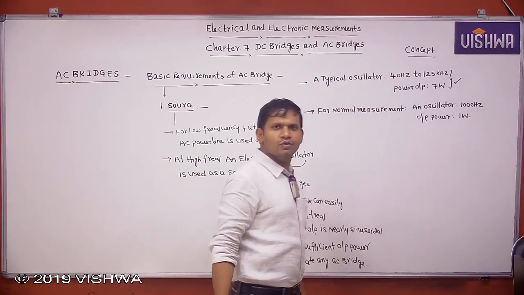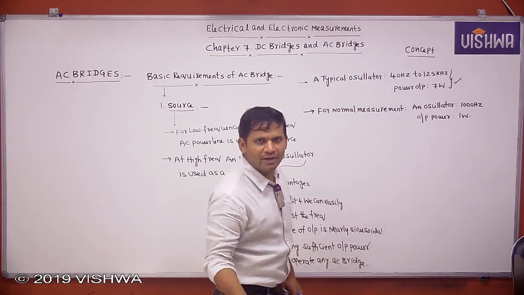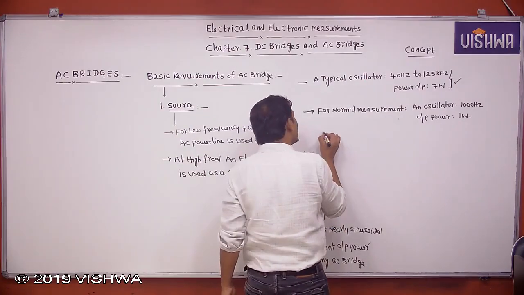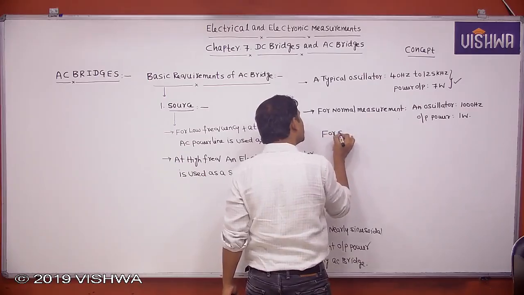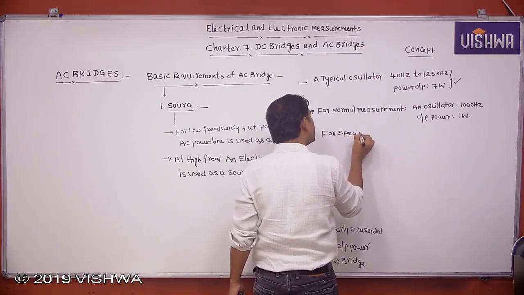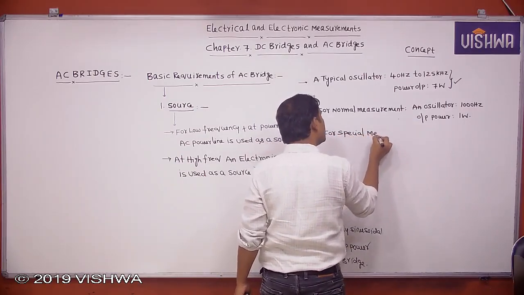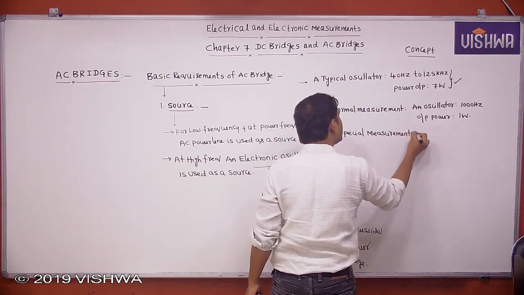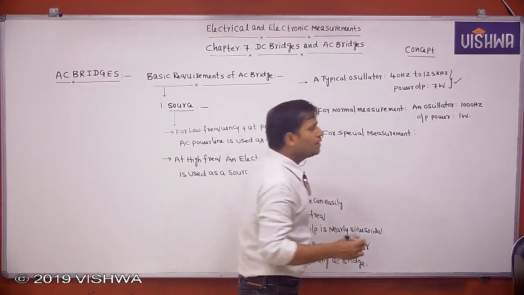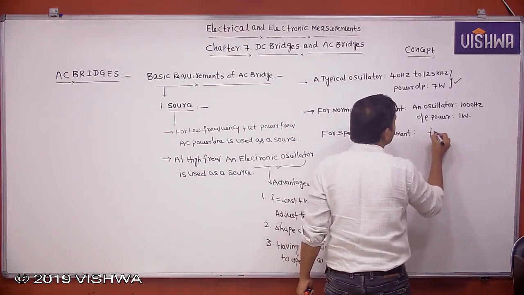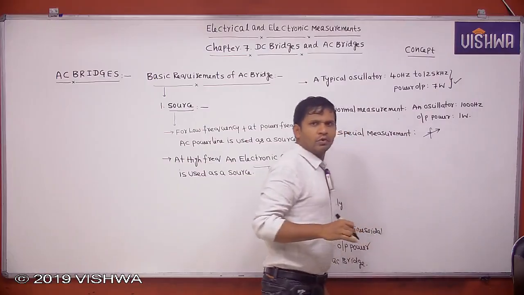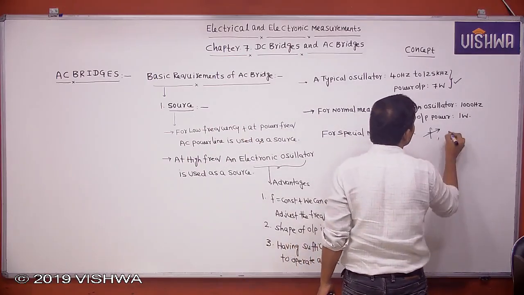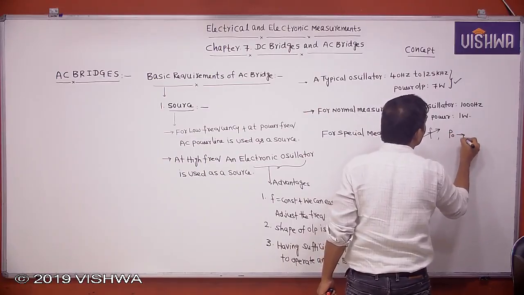For specialized measurements in special applications, what type of oscillator can we use? One with adjustable frequency, which we can adjust to any frequency, and a power output rating of 5 watts.